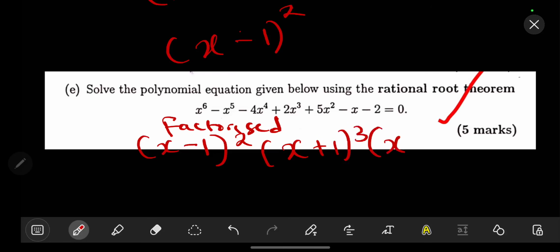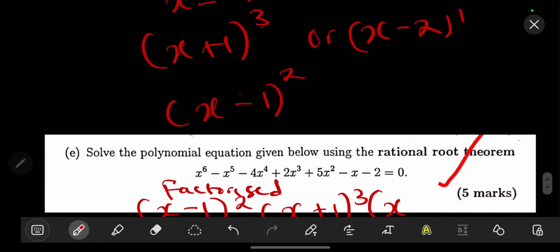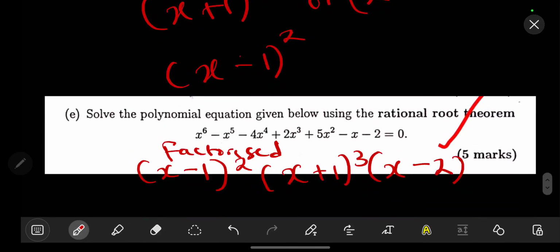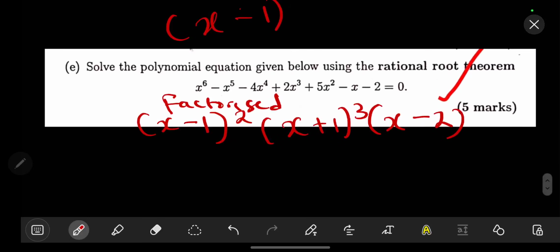Then we have our x minus 2 like that. So this is how we factorize this one. So this equation factorized is equal to this.